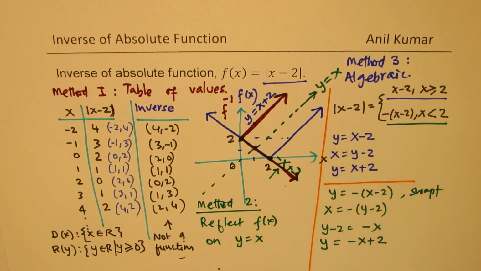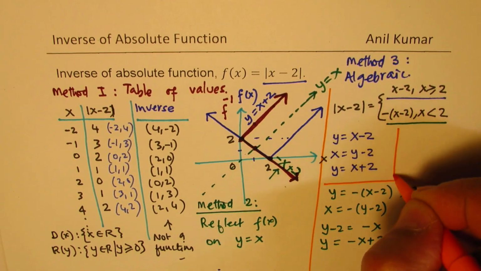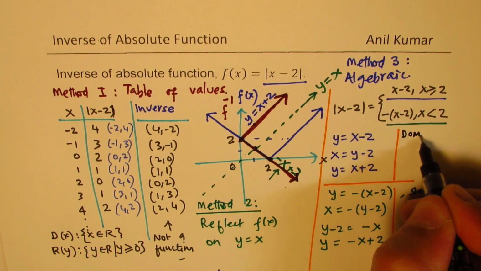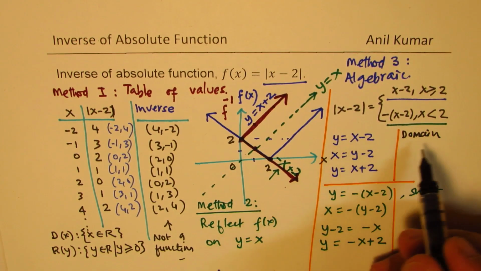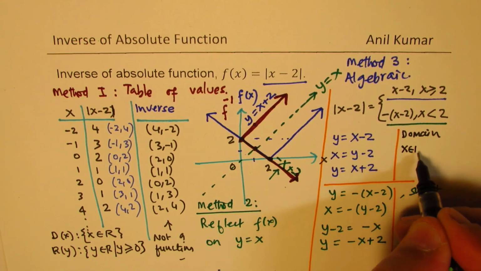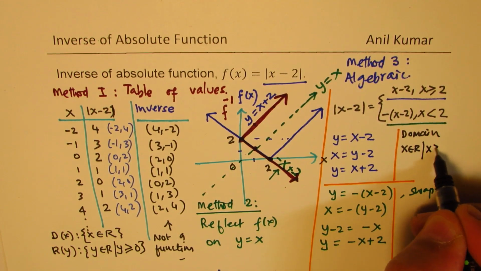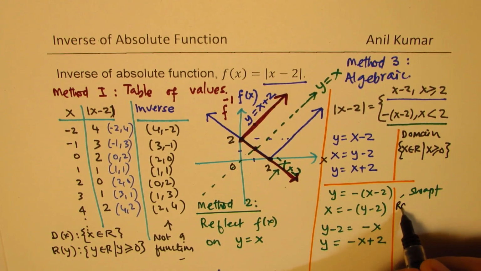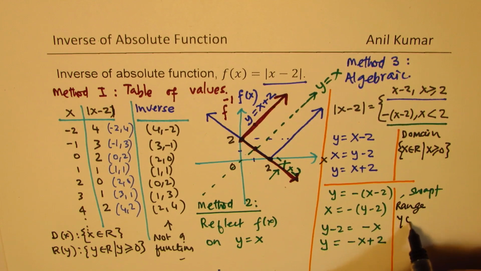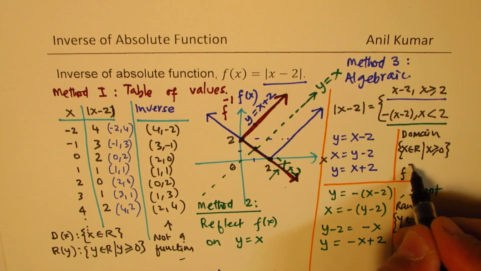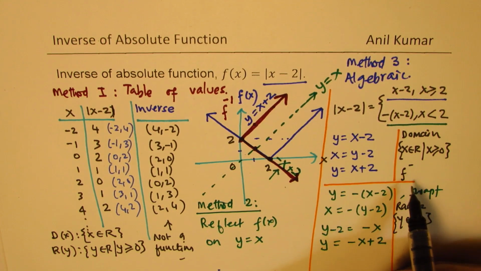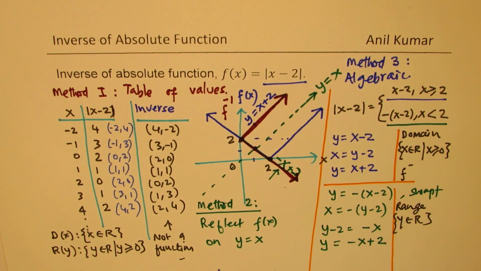So let me write domain and range in short in the limited space which we have. The domain is now x belongs to real numbers where x is greater than or equal to 0. And as far as the range is concerned, y belongs to real numbers. That is for the inverse of this mod x. Do you see that? I'm not writing f(x) here since it is not a function. Is that clear to you?